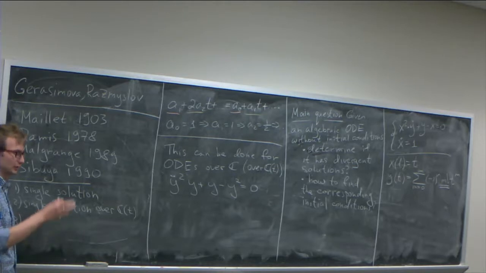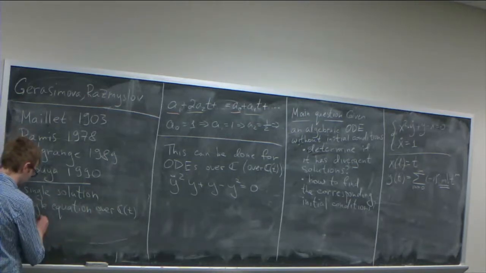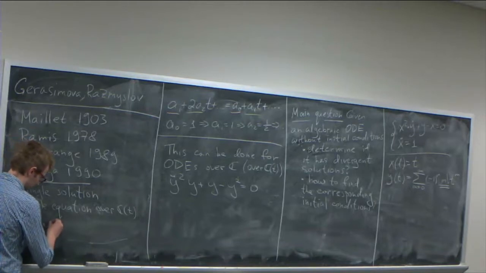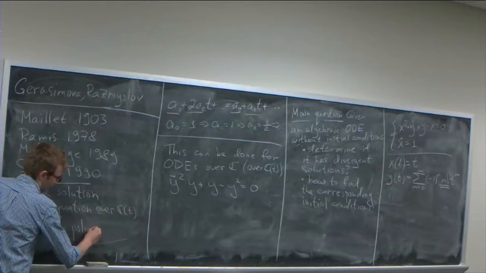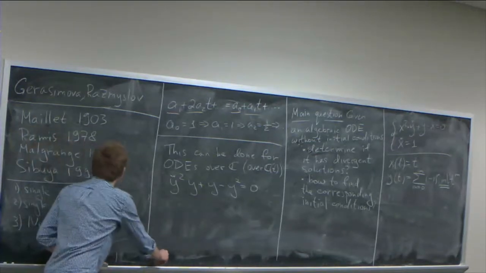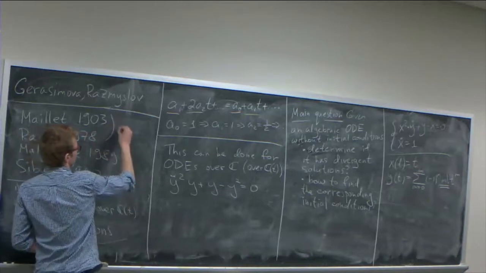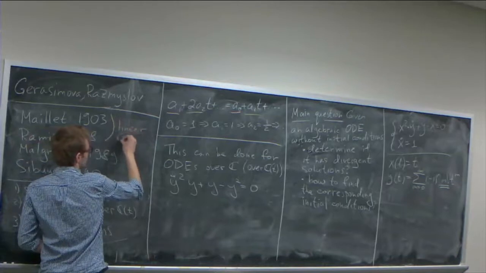Again, some necessary and some sufficient conditions in terms of Newton polygons. And the equations are linear? That's what I will talk about right now. In these two, this is the linear case, linear over C of t.